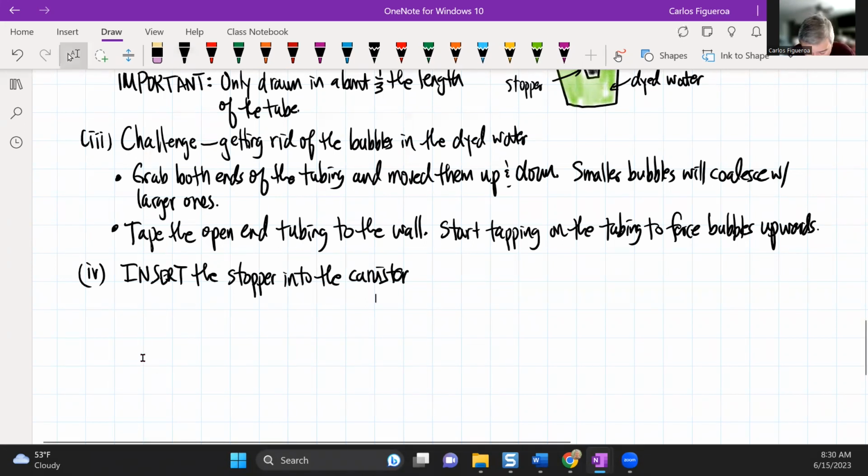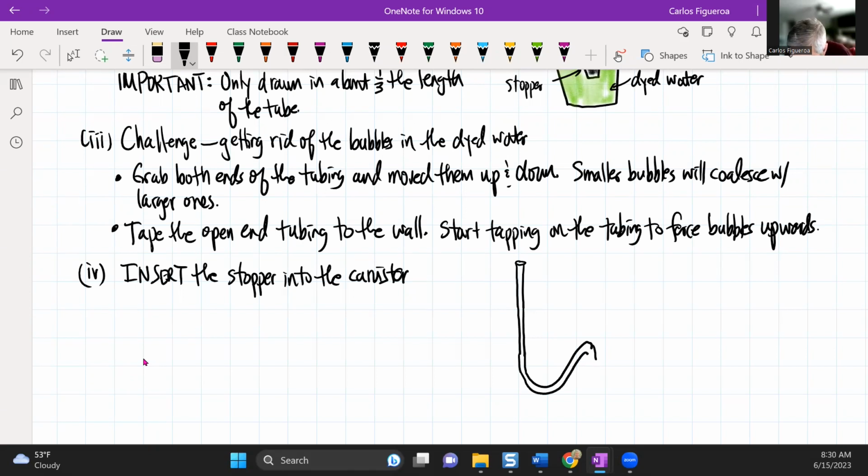So let's draw a picture. If I look at my picture, what you're going to see here is that here's the open end. Let me make this just a little bit longer. The way I did it is I ended up doing something like this.